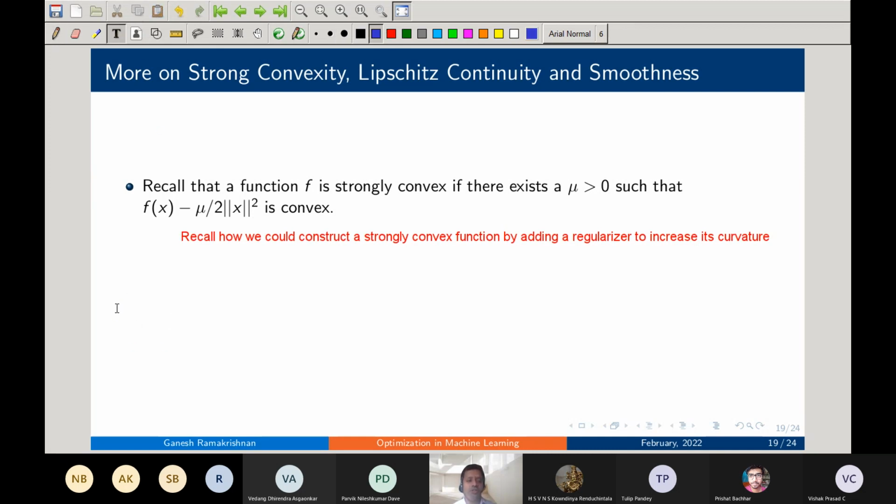So the question is, can we make a function Lipschitz smooth? When I say make, I mean construct a Lipschitz smooth function from a given function which is not Lipschitz smooth. Any suggestions?